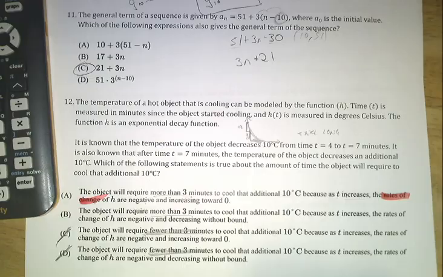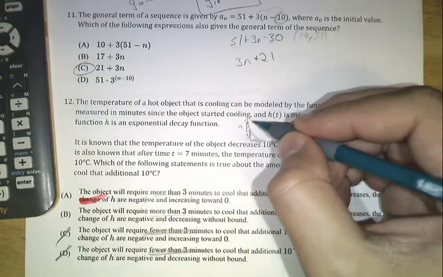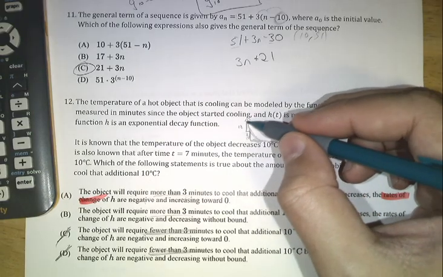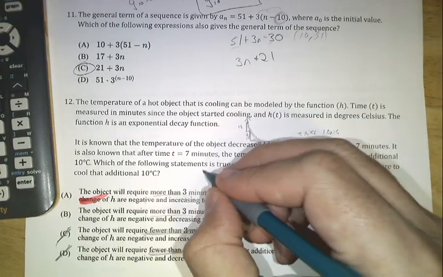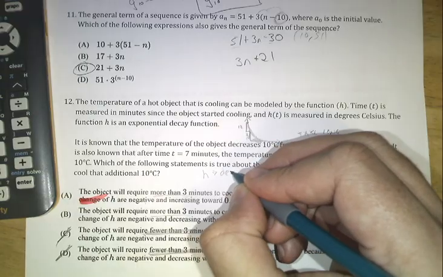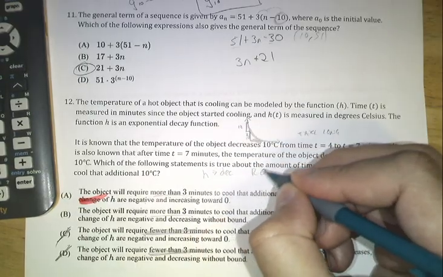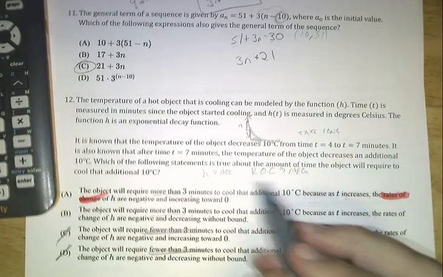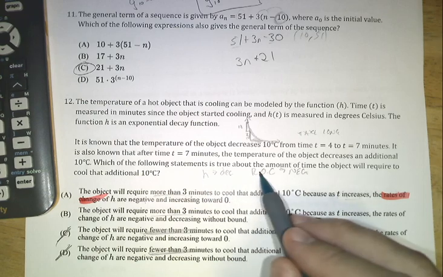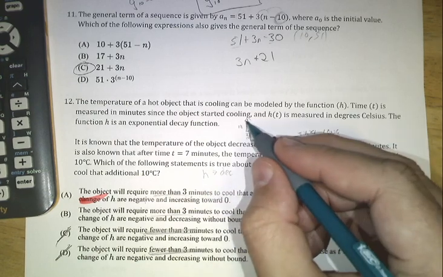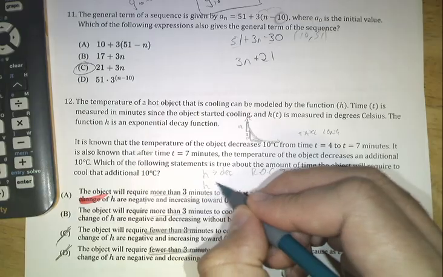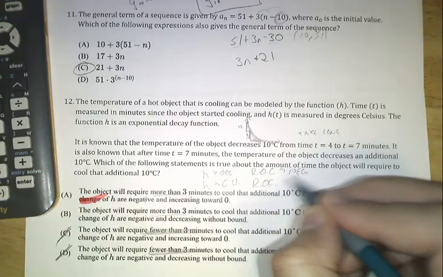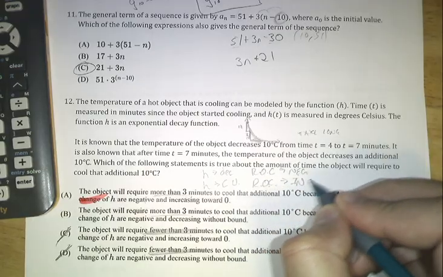So let's look at the rates of change of h. h is decreasing, which means that the rate of change is negative, because the function is decreasing. And we know that h is concave up, which tells us the rate of change is increasing.